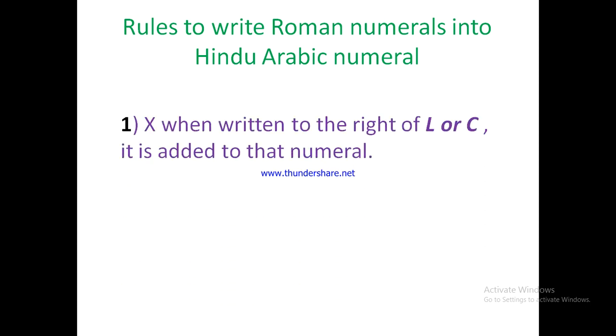The first rule, children, X, when written to the right of L or C, it is added to that numeral. The second rule, children, X is subtracted from L and C only.